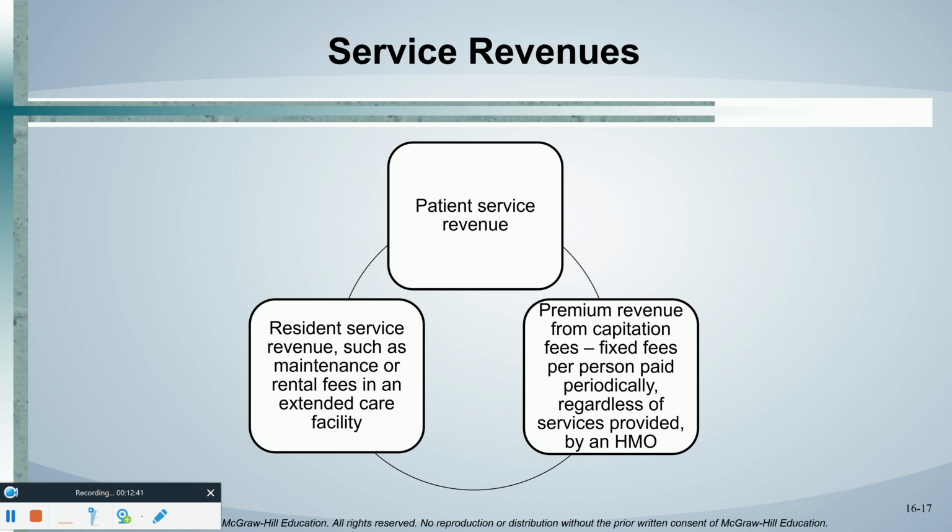They could also have auxiliary revenues, just like a college or university. There would be a cafeteria, there would be a gift shop. These are typical things that you see in a hospital. Unfortunately, I think we've all either been in a hospital or visited a hospital, and you do see cafeterias and you do see gift shops.